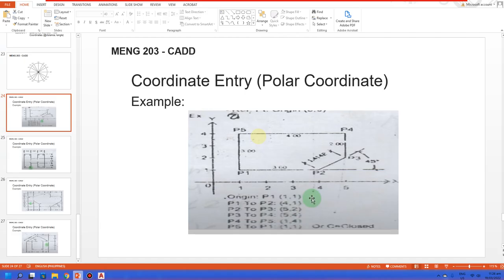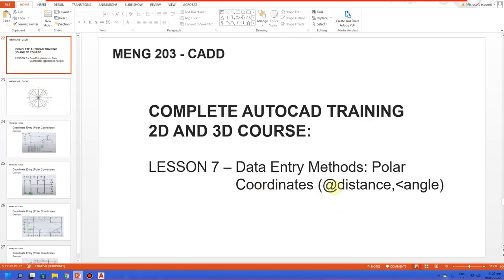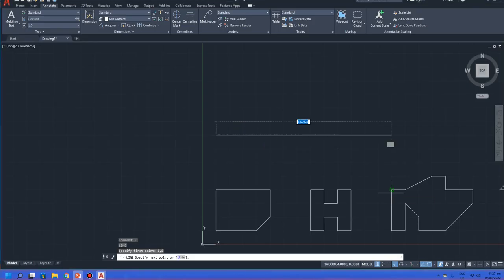Our next point is indicated here: the distance from my first point to the second point is 3 points. Since the method of using polar coordinate is in this format, you have to type the at symbol and then the distance.